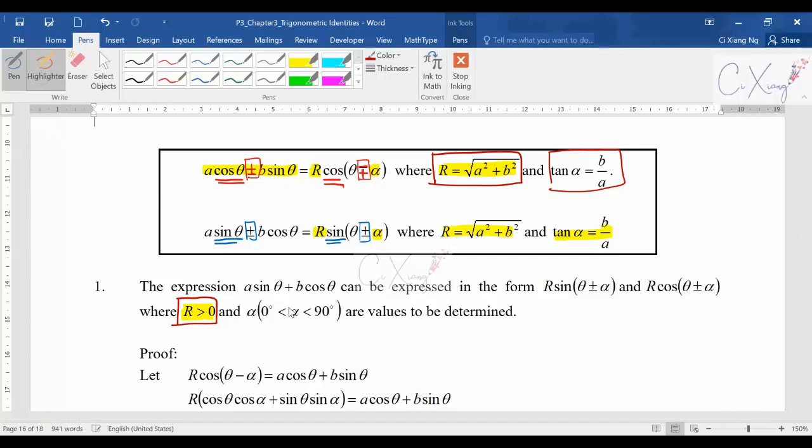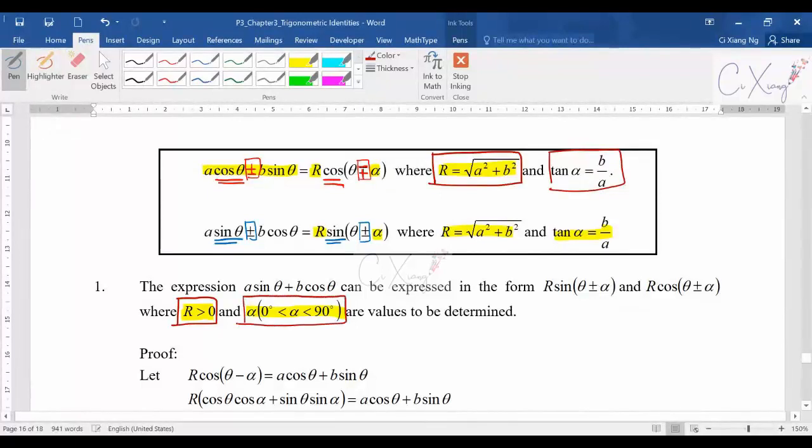The second thing is that alpha must always be in the first quadrant. These two details are very important. Alpha is always in the first quadrant, so that when they want you to calculate all the solutions or answers, it is much easier for us to calculate.